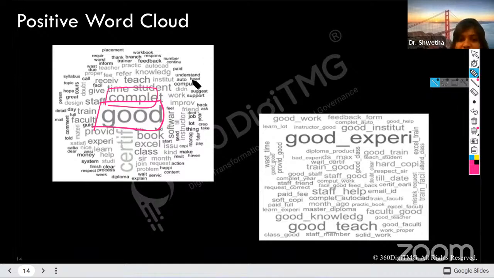To make these positive and negative word clouds also, you have to take the data, then apply the pre-processing steps, and then create the word cloud.